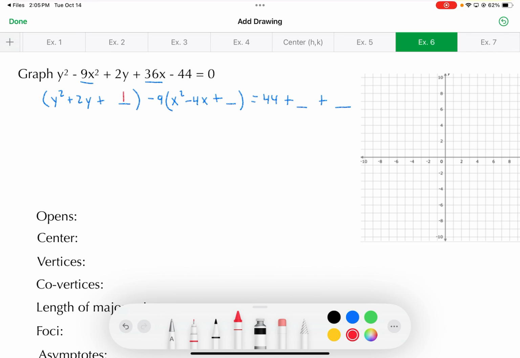Okay, complete the square on y, you'll get a 1. Nothing out in front to multiply it by, so put a 1 over here. Complete the square on x, you get a 4. What should the other side be? Yeah, -36. 4 times -9, right?